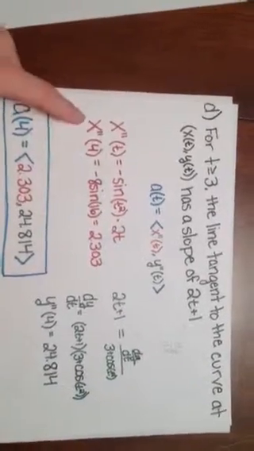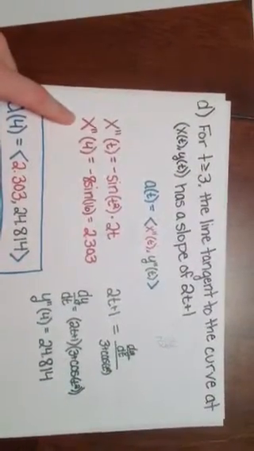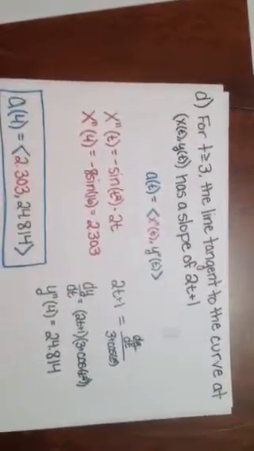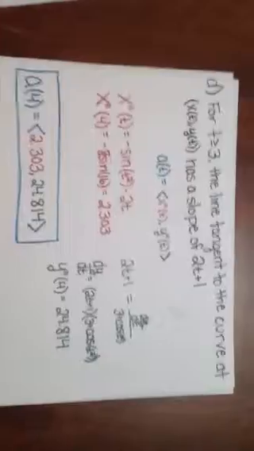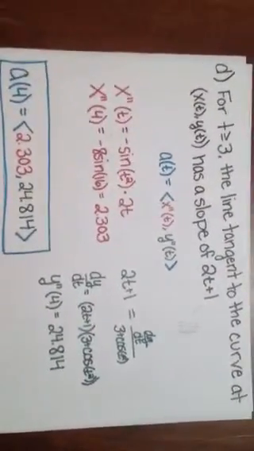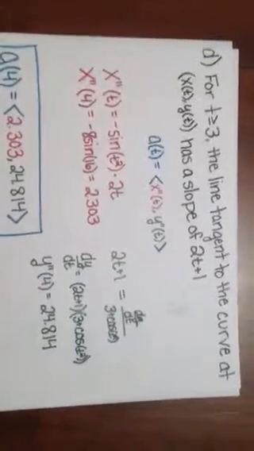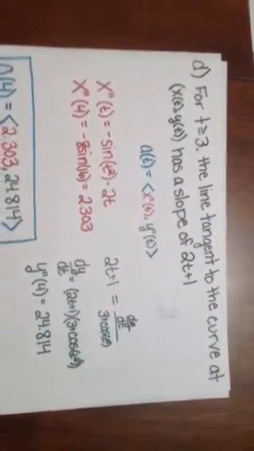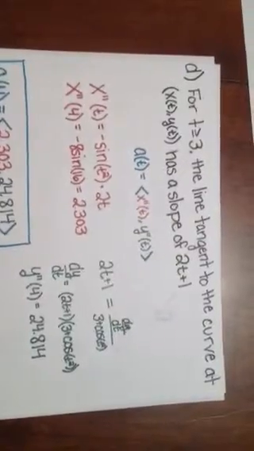When we plug 4 in for t, we get x double prime of 4 equals 2.303. Since we know the slope is 2t plus 1, that is dy/dx, which is equal to dy/dt over dx/dt, which we already know.